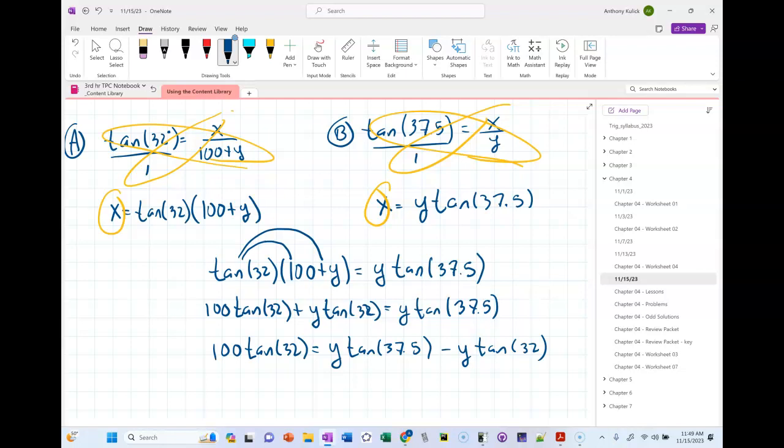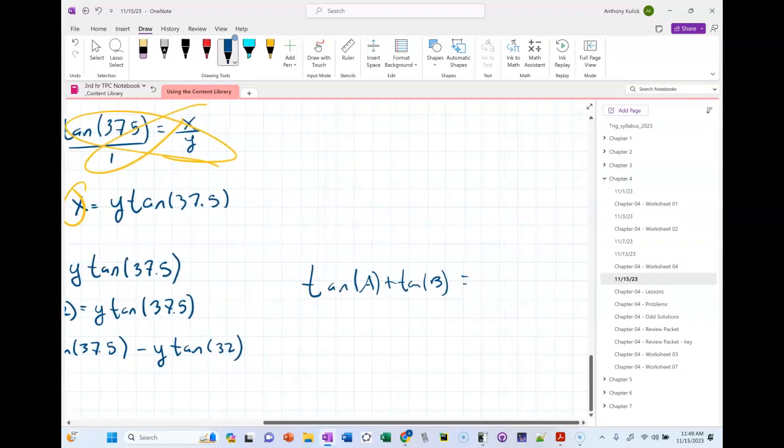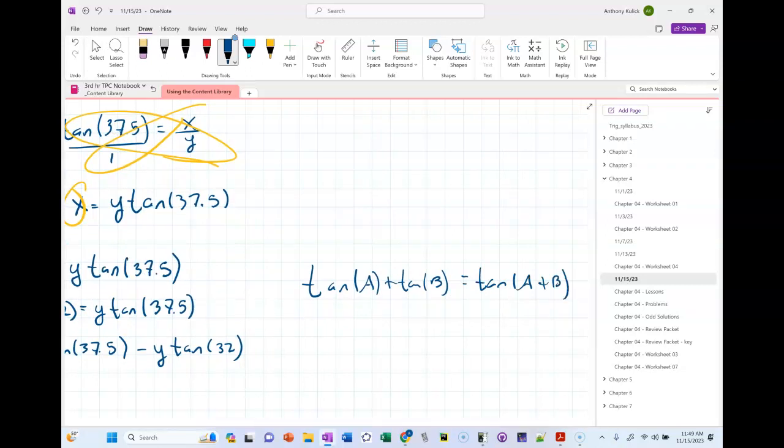Like y tan 32. No, that's two. So what you'd be saying then is that tan of A plus tan of B is equal to tan of A plus B. That's what you're saying, right? Is that this would be true?